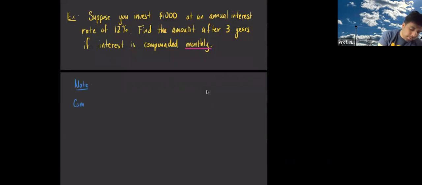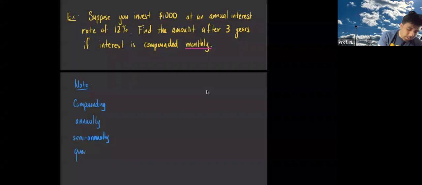If you're compounding annually, obviously, right? Annually is just one. If you do it semi-annually, that's two. If you're doing quarterly, that's four.